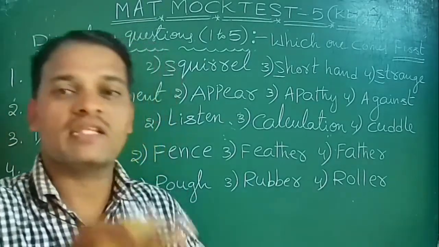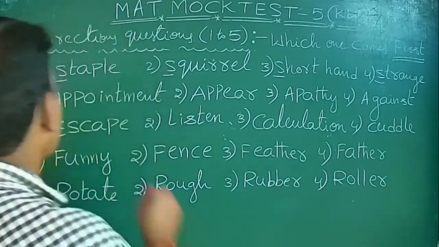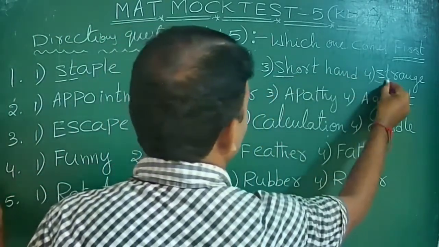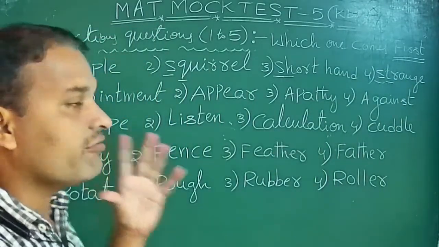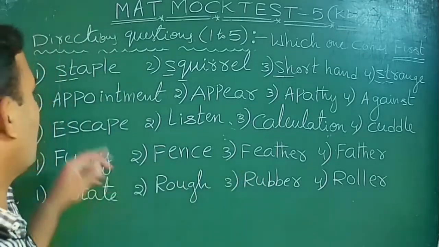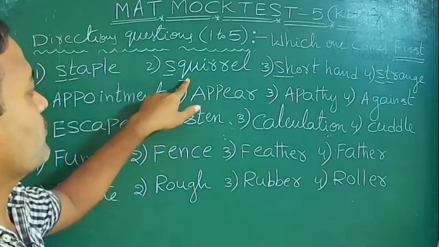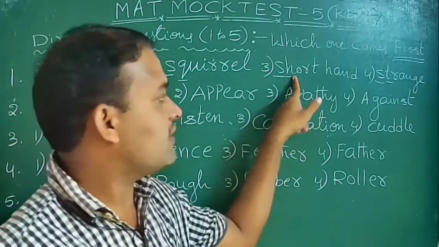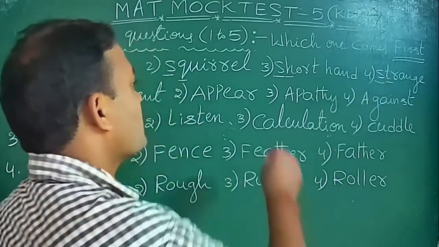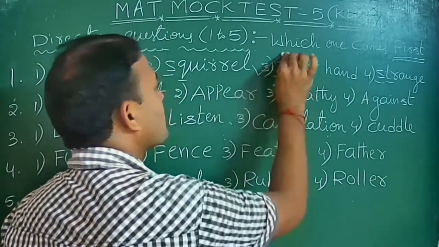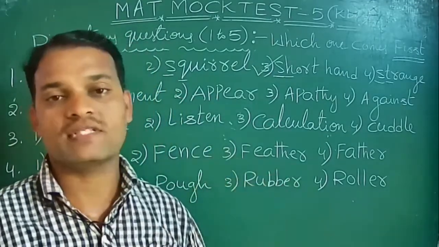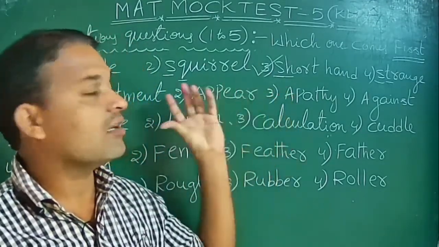Then go for the next letter: T, Q, H, T. Which is the least letter in the alphabetical order? T is 20, Q is 17, H is 8 and T is 20. H is the least, so option 3 is correct. Like that you have to check for alphabetical order.